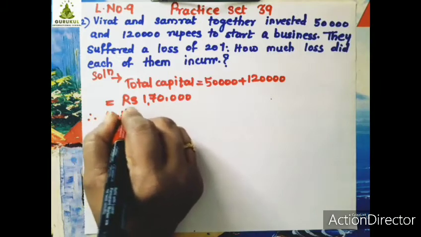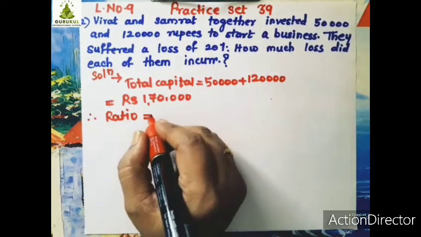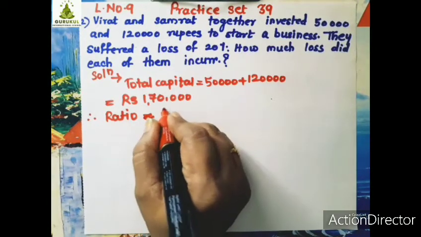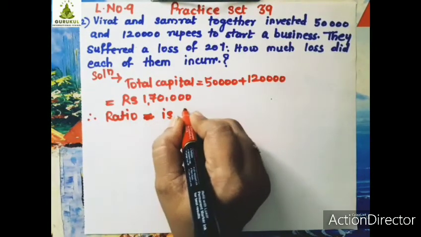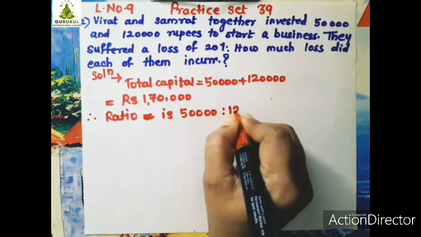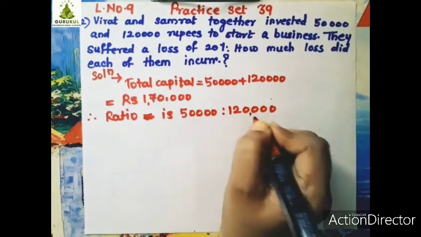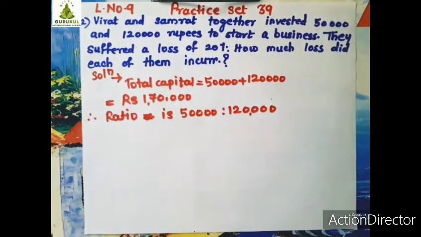Ratio of investment, don't write equal sign, ratio is 50,000 is to 1,20,000. Don't miss any zero while writing these sums, otherwise the total sum will go wrong.